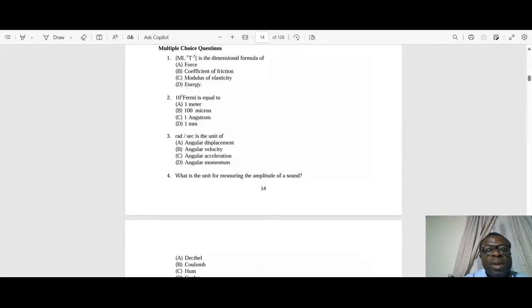Question 3: radians per second is the unit of A, angular displacement; B, angular velocity; C, angular acceleration; D, angular momentum.